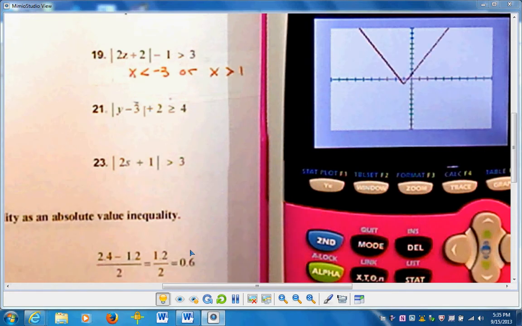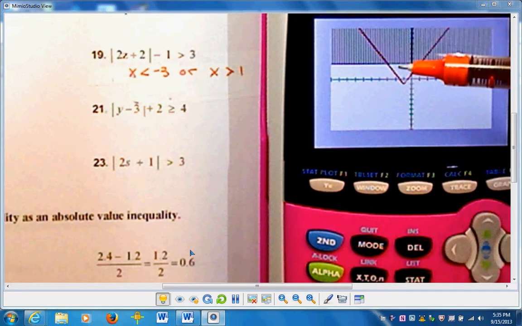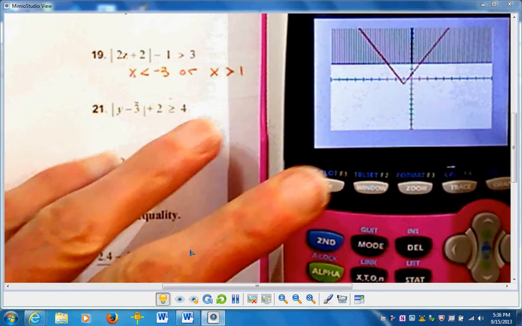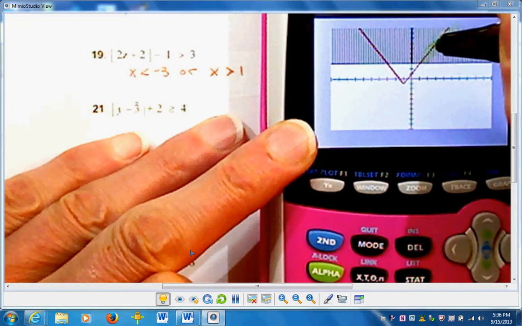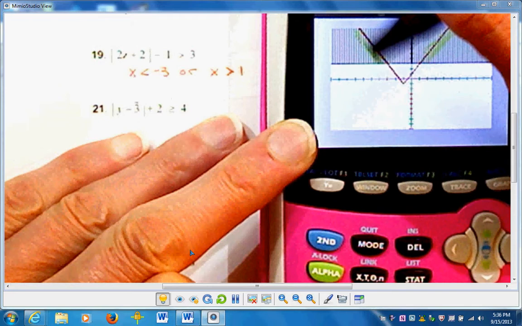So that's my absolute value, and then there's my 3. And that's all bigger than 3, isn't it? So let's think about this. This is where y is 3, 4, 5, 6, 7, 8, 9, 10. So it gets shaded above it. Okay, so my answers live where the absolute value is shaded, and my absolute value is shaded there, and my absolute value is shaded there.